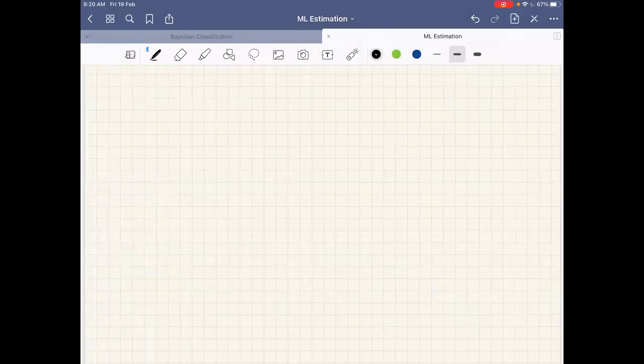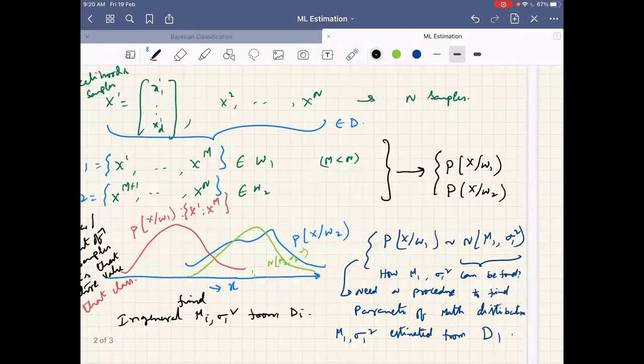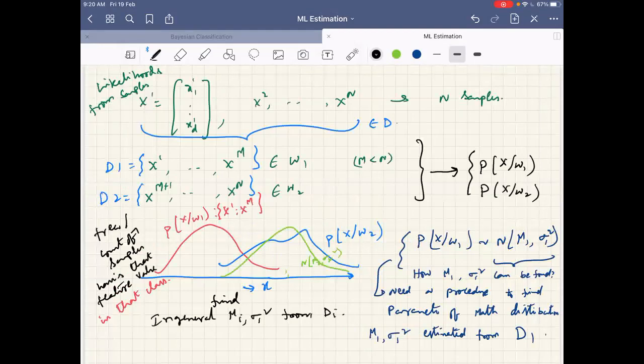To make our discussion notation simple, let D be the set having x1 to xm. This is only one class of samples. Assume that, because for each class, the parameters of that class depend only on that class's samples.